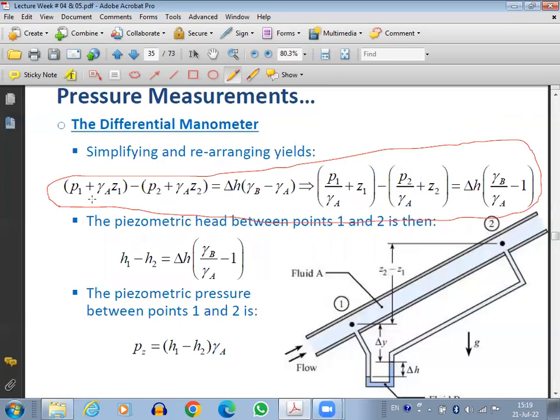Here P1 plus gamma Z is the piezometric pressure. This is the piezometric pressure at 2 minus the piezometric pressure at 1, and it could be written as the piezometric pressure difference equals delta H into gamma B by gamma A minus 1. You can write it in this format, or keep it in the original format as done before, but both are okay.